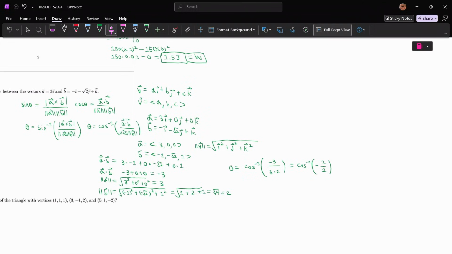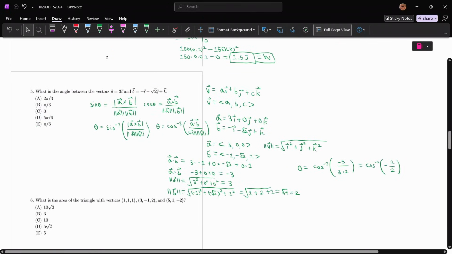Hold on, let me pull up a unit circle real quick. On an actual exam, try to memorize your unit circle. It's been a while. Okay, cosine inverse of negative 1/2. This is my moment of shame.